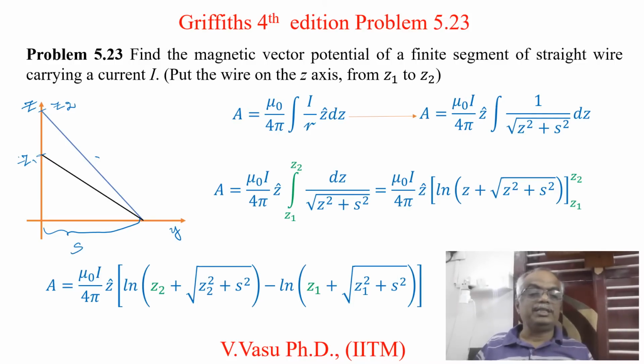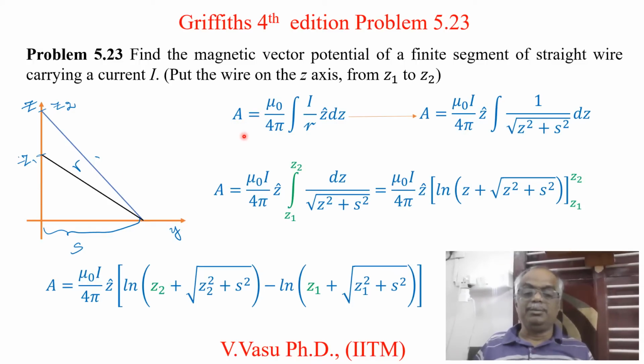So what is this script R? For any point, the general formula to find script R is the square root of s squared plus z squared.